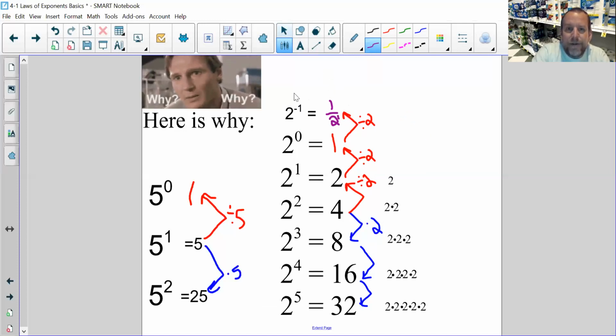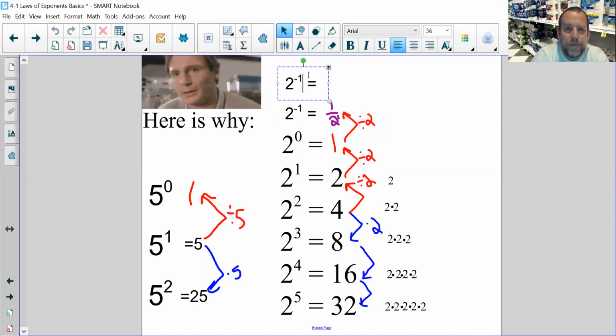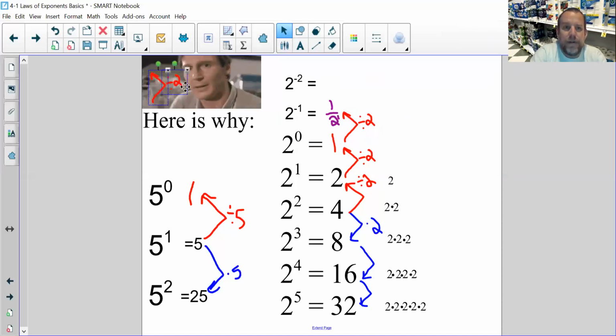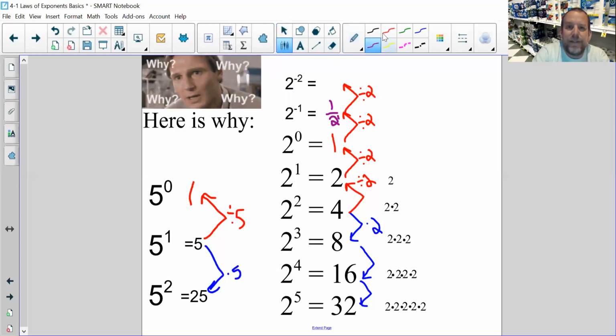Continue the pattern. What would 2 to the negative second be? Well, continue this pattern. And 1/2 divided by 2, what's half of a half? Yes, that's right, smart children.